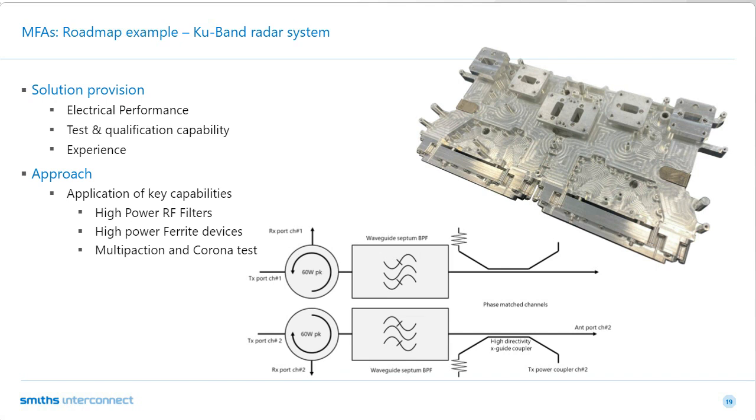What you see here is a combination of circulators, filters, couplers, and this sort of configuration, within the radar community in particular, where we may or may not have to bolt up to a manifold, is becoming critical to our system suppliers.